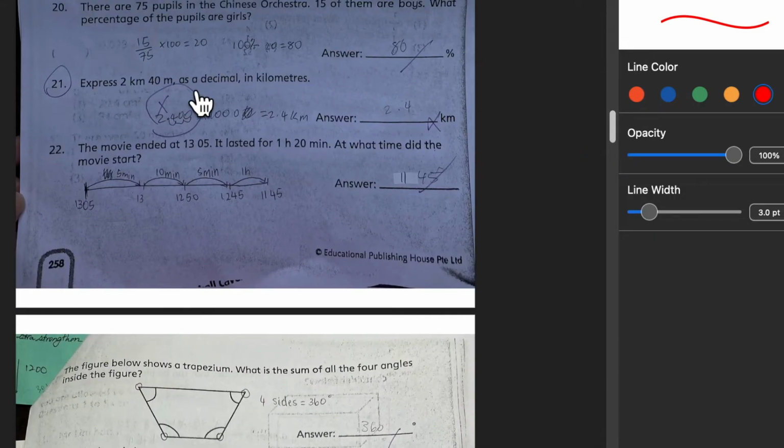Okay, express 2 kilometer 40 meter as a decimal. You notice that you wrote 2400 times 100. I think you got your conversion wrong. When I say 2 kilometer, and here is 40 meter, you have to notice that one is kilometer and one is meter.